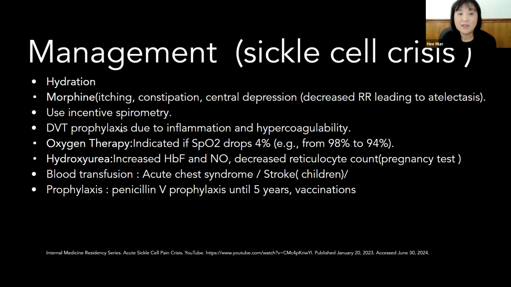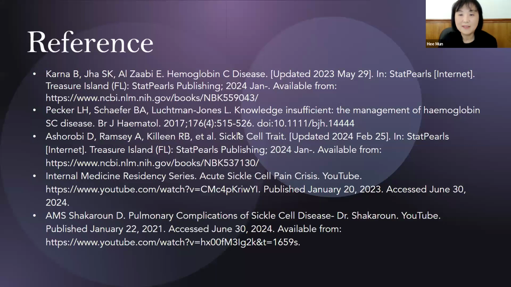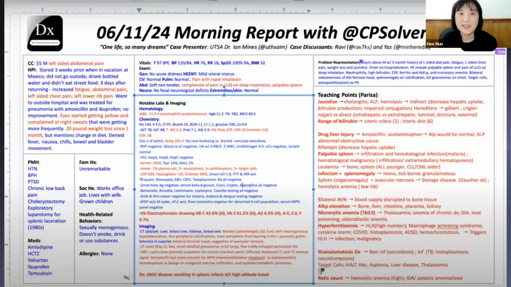DVT prophylaxis could be prepared, reduce hypercoagulability, and oxygen therapy, hydroxyurea. Don't forget the pregnancy test if the patient is female, and blood transfusion, and penicillin prophylaxis and vaccination can be used. Yeah, and this is my reference, and this was the case.